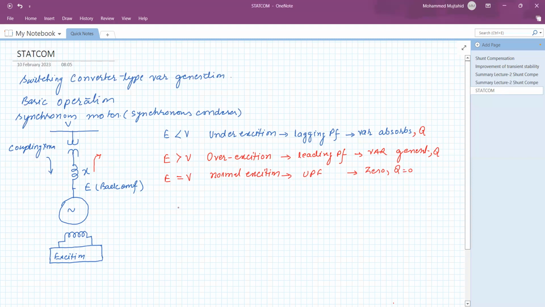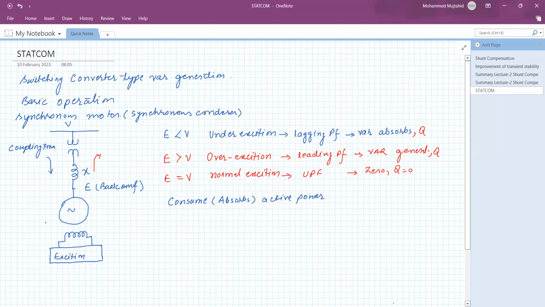Now in all three cases, the synchronous motor consumes, or here we are using the words absorb and generate, active power. In all cases, it is consuming active power.